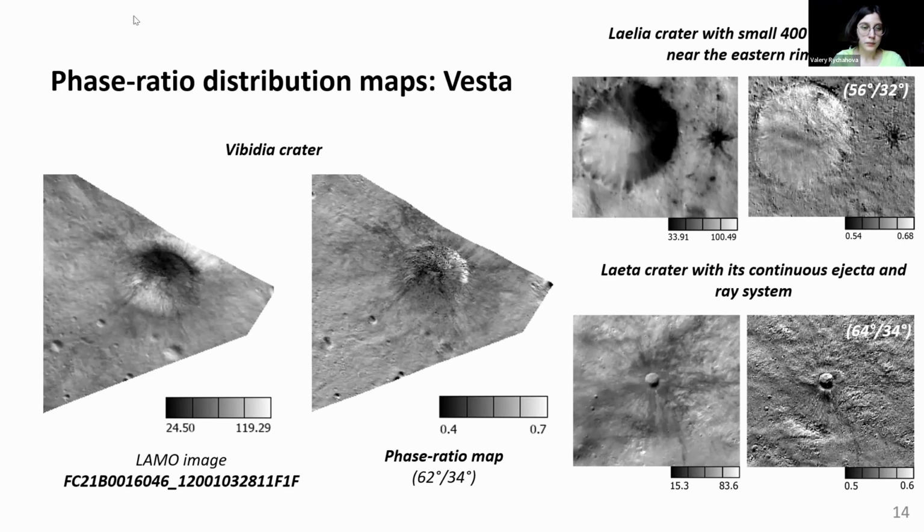So increased optical roughness is also connected with young formations, young craters, because we have a disrupted higher layer of the surface, and we could see it as increased optical roughness. So next, please.